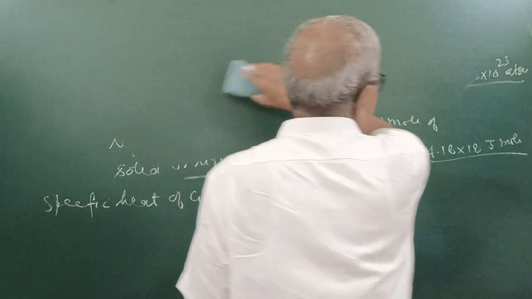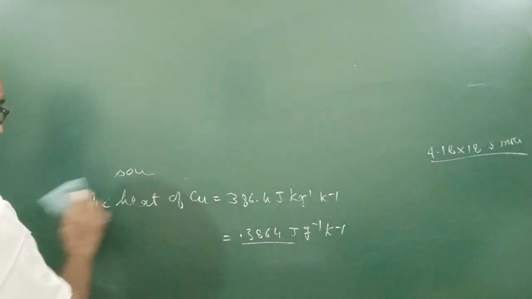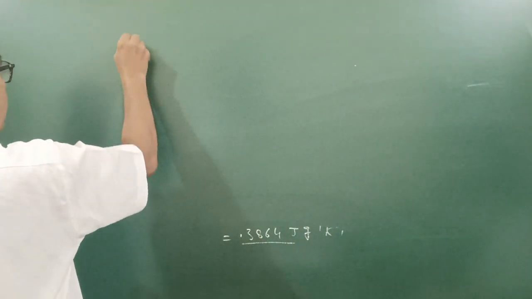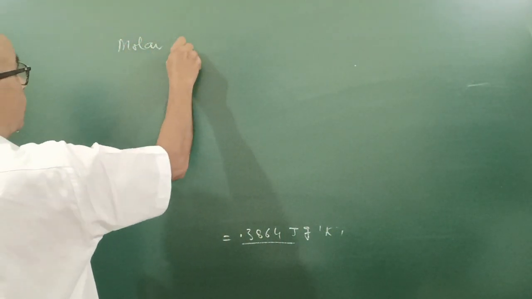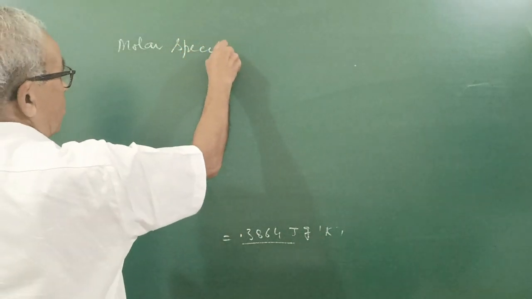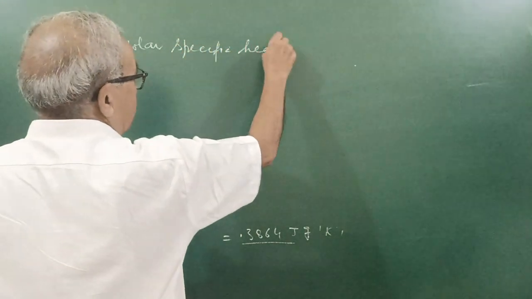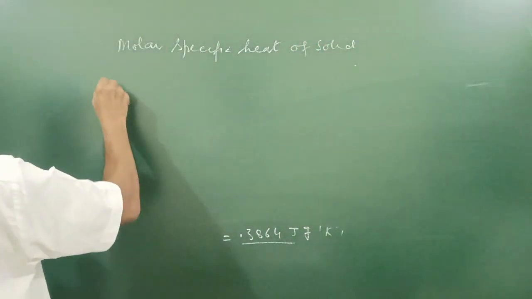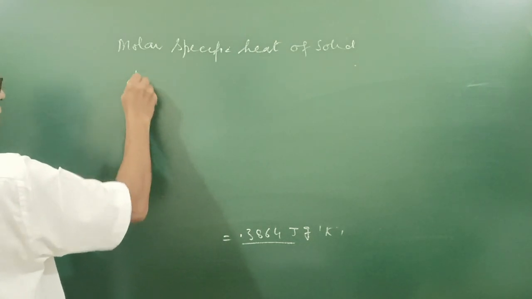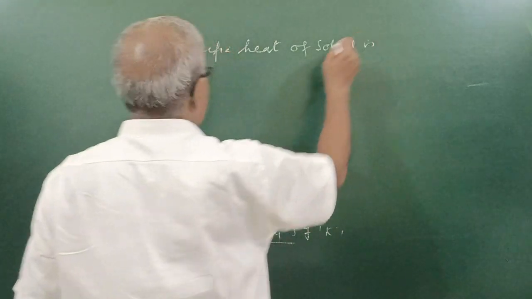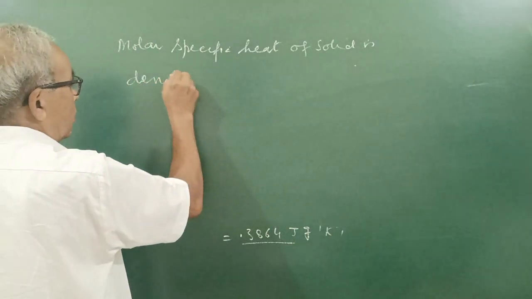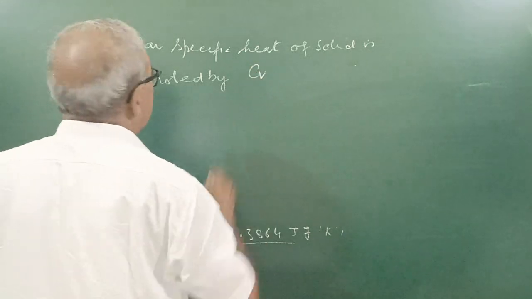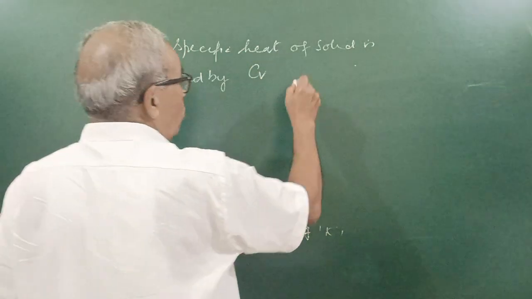तो molar specific heat, but I come now to molar specific heat of solids. Molar specific heat of solids is denoted by Cv, capital C, V means volume, at constant volume.